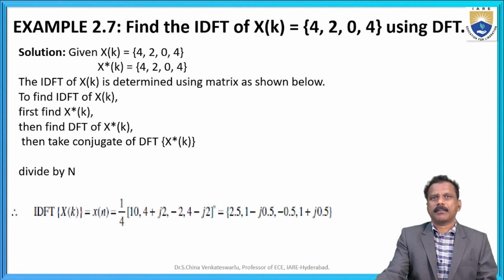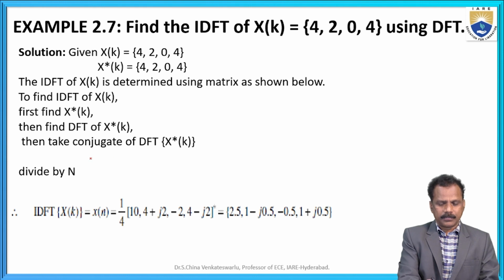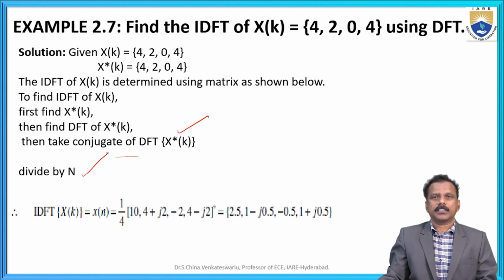To find the IDFT of the x of k, first find the x conjugate of k, then find the DFT of it. Then take the conjugate of the DFT and divide by n, like this.